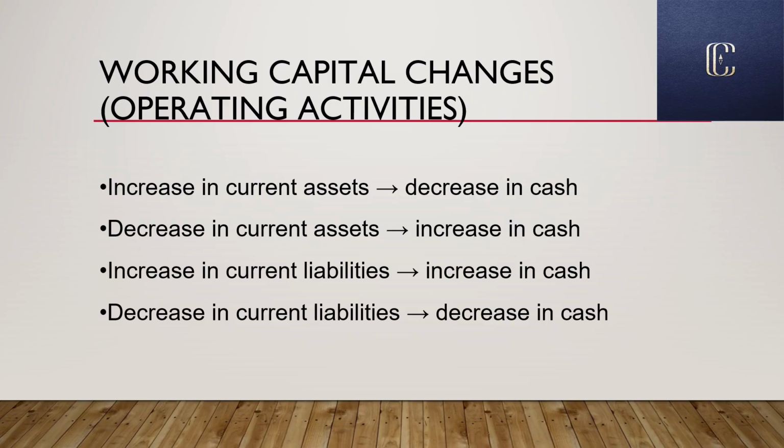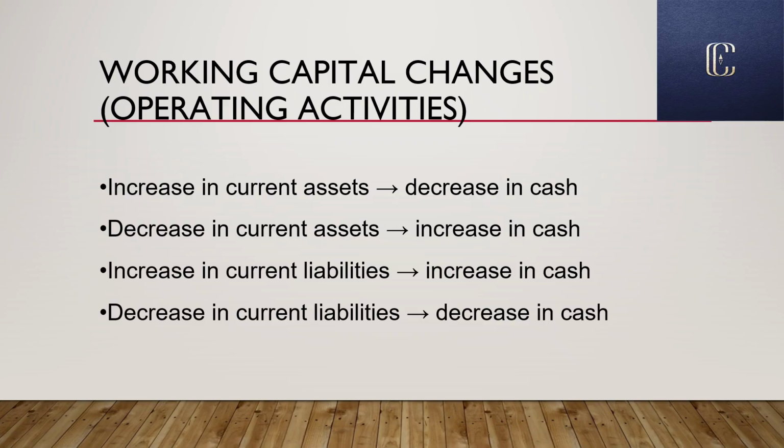The second step is the current asset adjustment. Current assets include debtors, what we call accounts receivable, inventory or stock, bills receivable, prepaid expenses, and other short-term assets. An increase in current assets leads to a cash decrease. For example, debtors increased from 50,000 to 80,000 rupees.